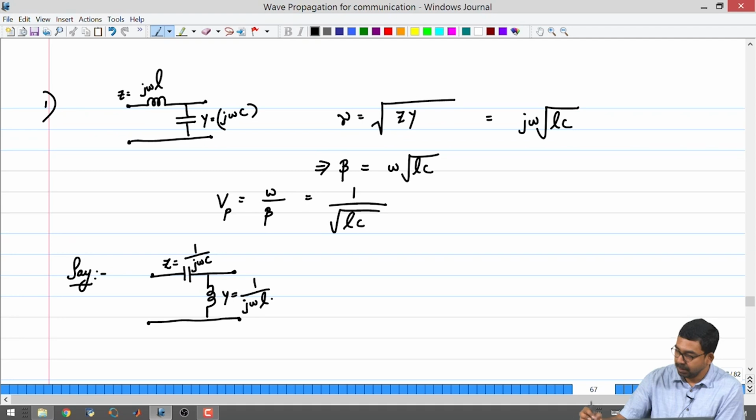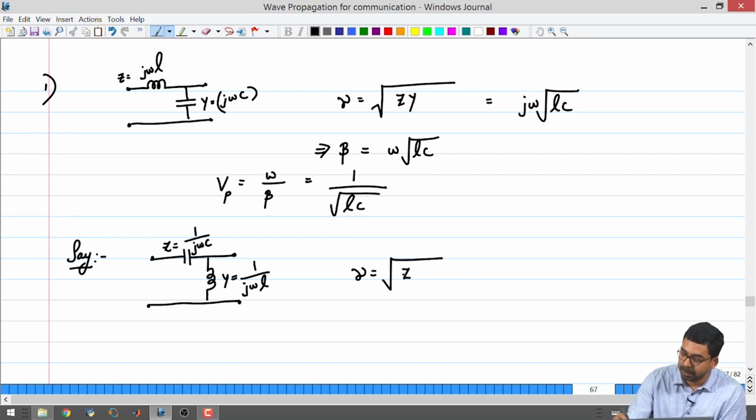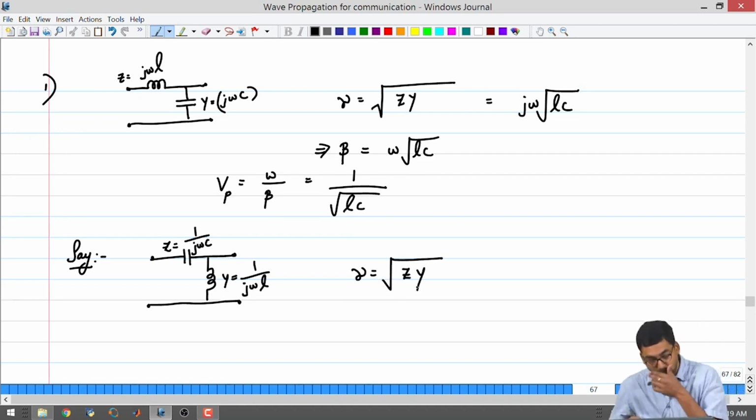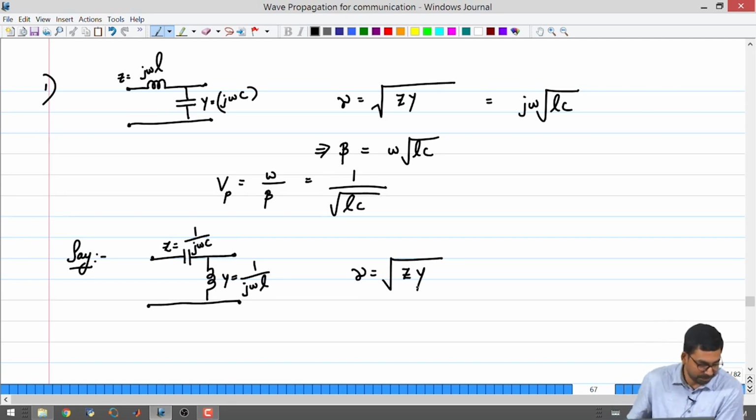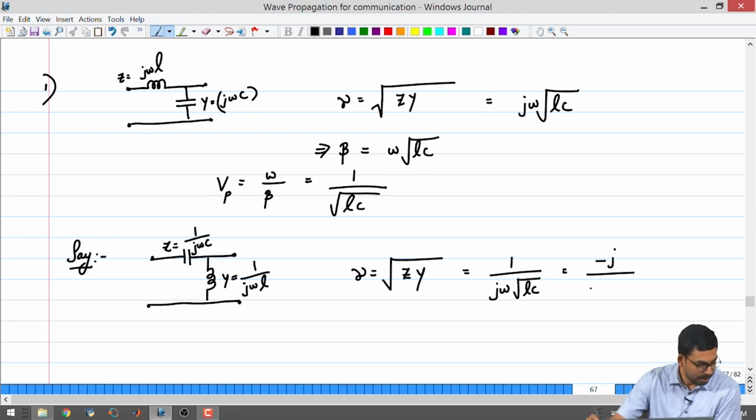The next thing that we could do, just a repeat of whatever we did for the original transmission line, is we could calculate the complex propagation constant gamma, square root of Z y. This becomes 1 by j omega square root L C, or this is minus j by omega square root L C.